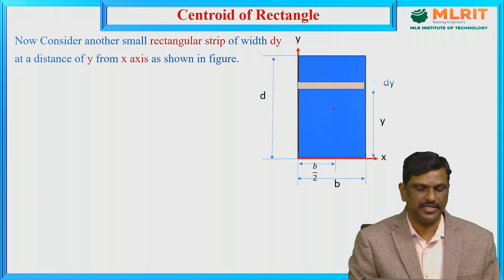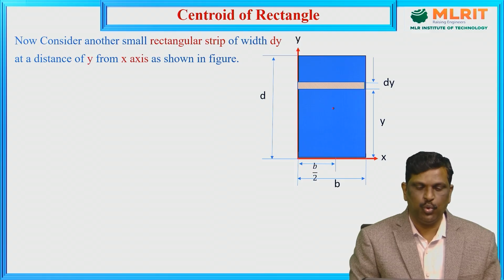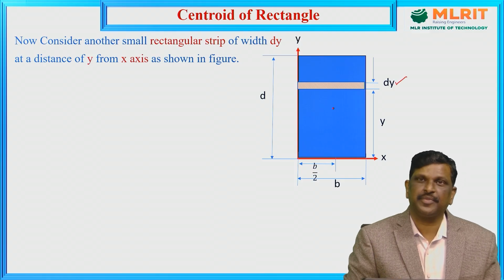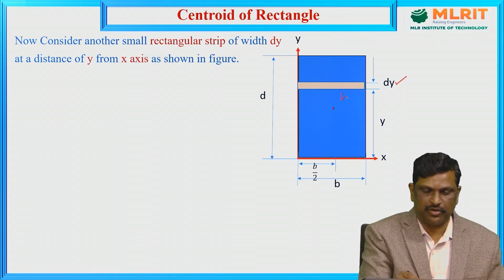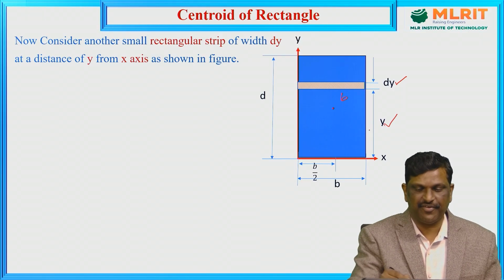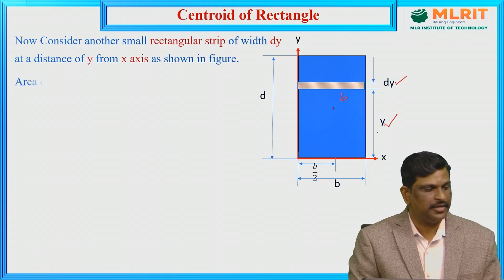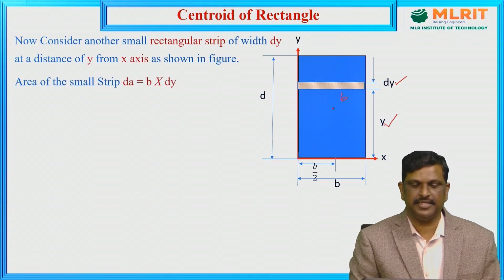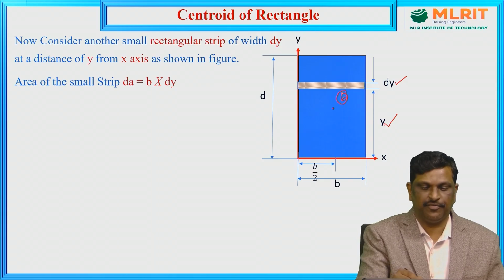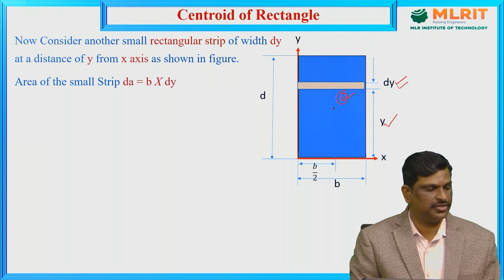Here I am taking a horizontal strip whose depth is dy and width is same b, we are not changing b, and it is at a distance of y from x axis. Area of the small strip considered dA is equal to b into dy. b is the width of the strip and dy is the depth of the strip.